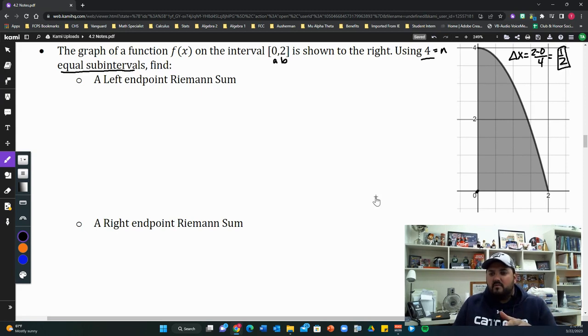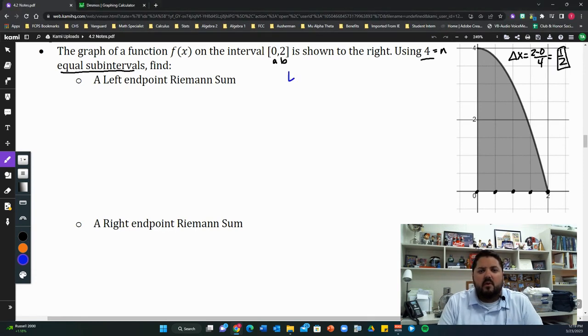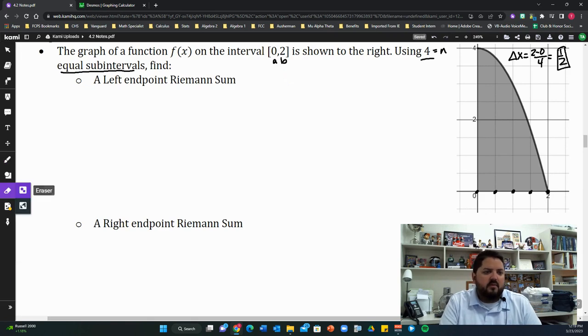So on the graph, I'm just going to go ahead and plot the values of x, or the points where we have these endpoints. All right, so now we're going to take our values of x, we're going to come up with a list of our endpoints. So again, this is a list of all possible endpoints. Then when we actually get into each problem, we'll come up with the actual list of the numbers we're going to use.